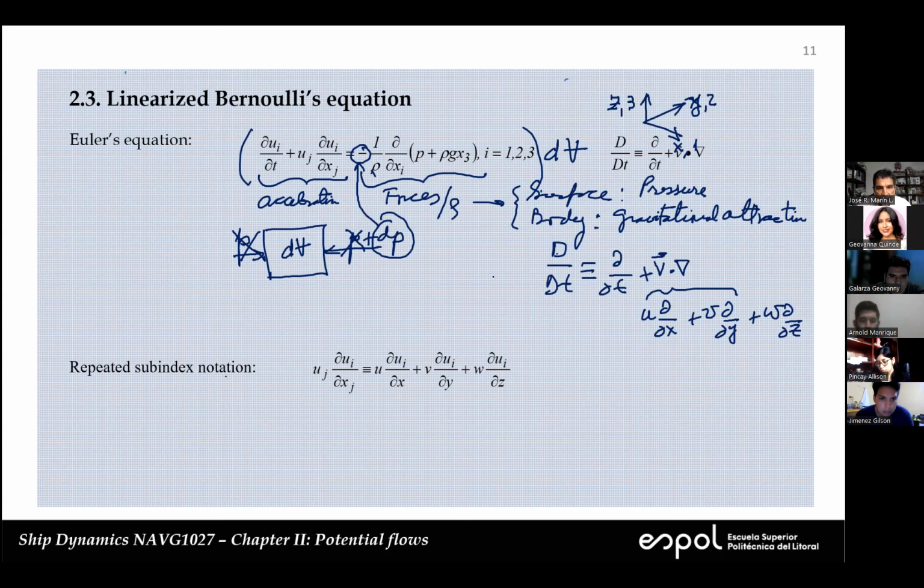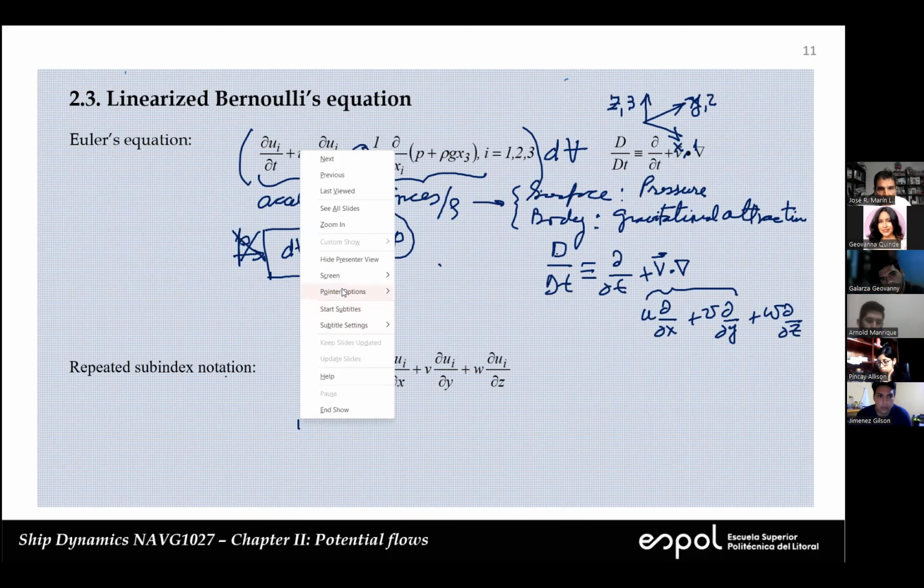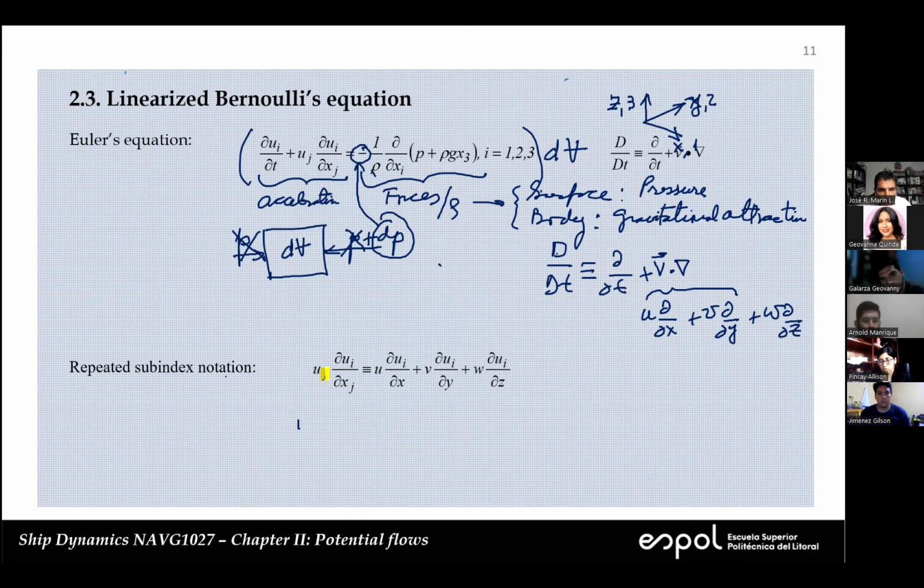For example, in this term, which is the one that we have up here, you see that J is repeated here. When they are using repeated subindex notation, they don't mean one single term; they're going to add, and for this subindex they're going to include all the possibilities.